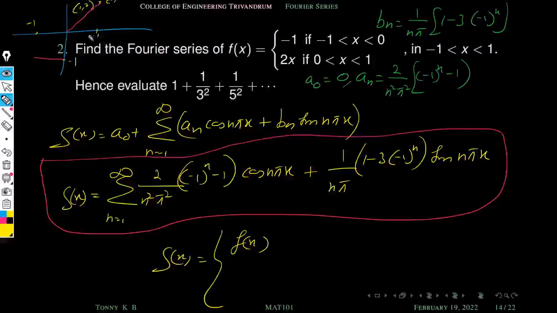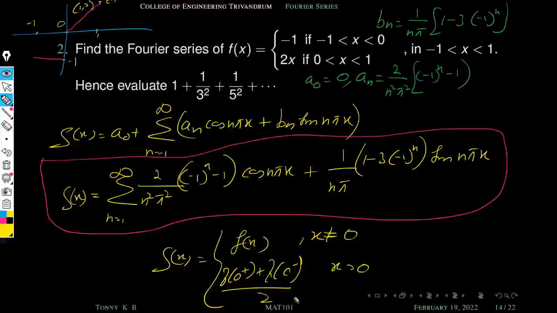Yes, it is clear that there is a discontinuous point at x equal to 0. Except 0, this function is continuous. So s of x equal to f of x if x not equal to 0. When x equal to 0, this is a jump discontinuity, so s of 0 is f of 0 plus, plus f of 0 minus, divided by 2.